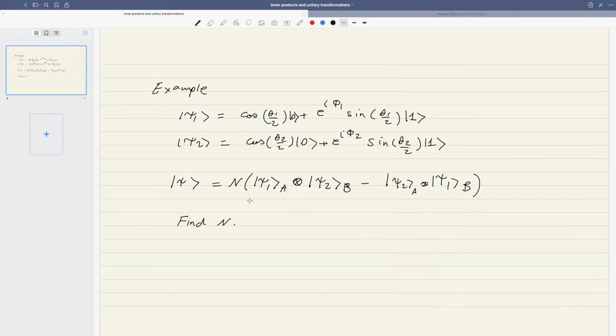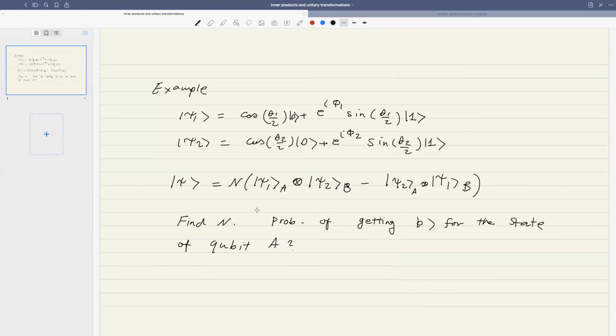And then the question is, what is the probability of getting 0 for the state of qubit A upon a measurement of both qubits in the computational basis.